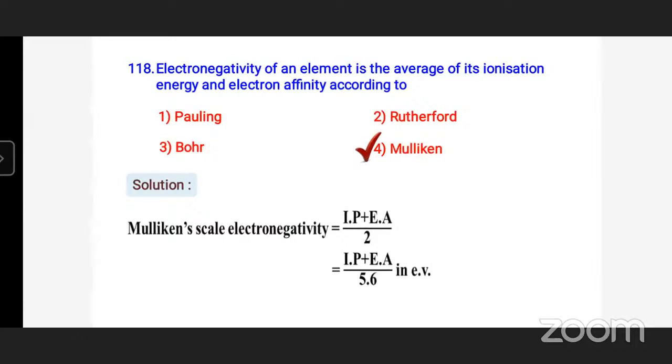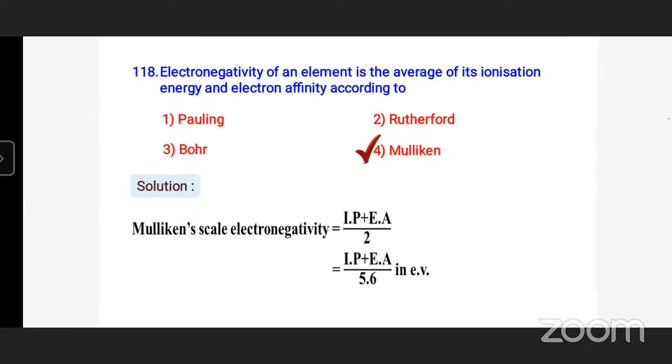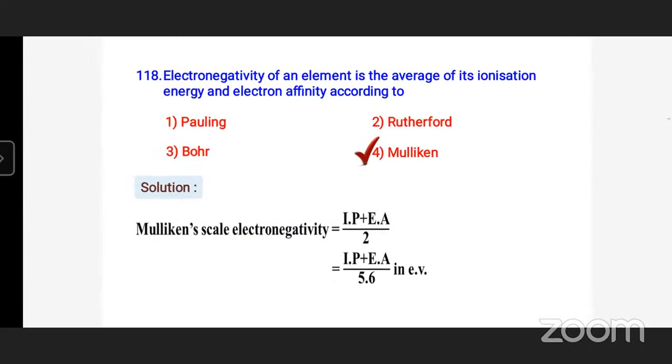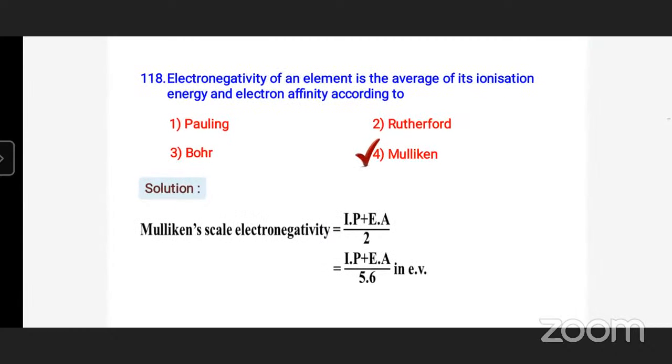So electronegativity is equal to ionization enthalpy plus electron affinity by 2. Mulliken's electronegativity values are almost 2.8 times larger than the Pauling values. The Pauling values are obtained from the following relation: Mulliken electronegativity is equal to IP plus EA by 5.6 in electron volt. So the Mulliken scale is applied to monovalent atoms and does not cover multivalent atoms.